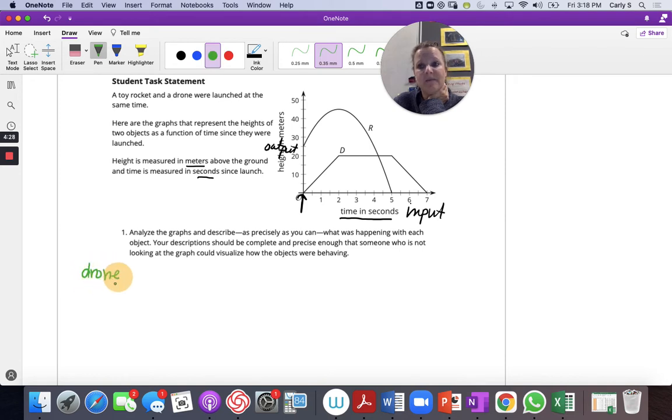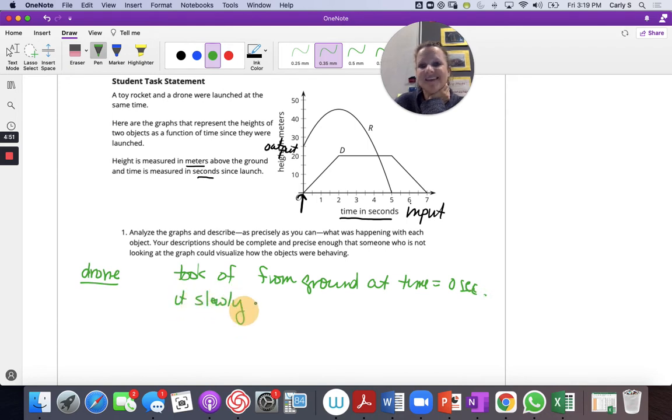So if I look at the drone, it took off from the ground at time equals 0 seconds. It slowly rose steadily.